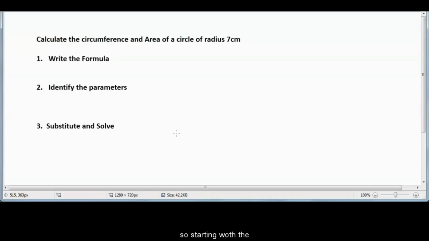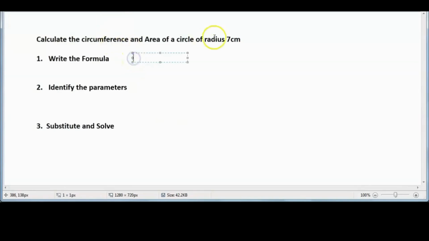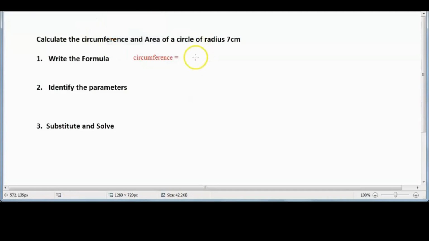So starting with the circumference, the formula for circumference of a circle is 2 times pi times r, 2 pi r.